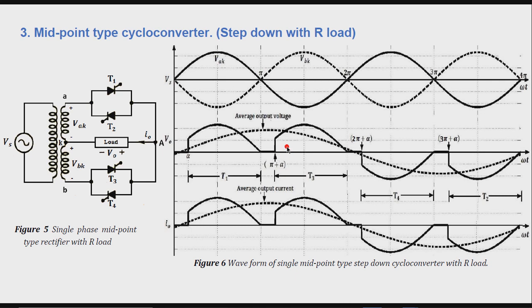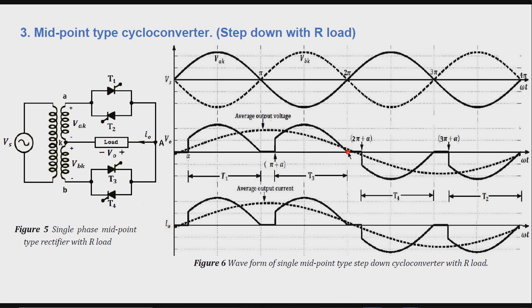When T3 is on with the negative half cycle, the current flows in this direction. So we can see that the load voltage is positive and the current is also flowing in the positive direction. At omega t equal to 2 pi, thyristor T3 is commutated.